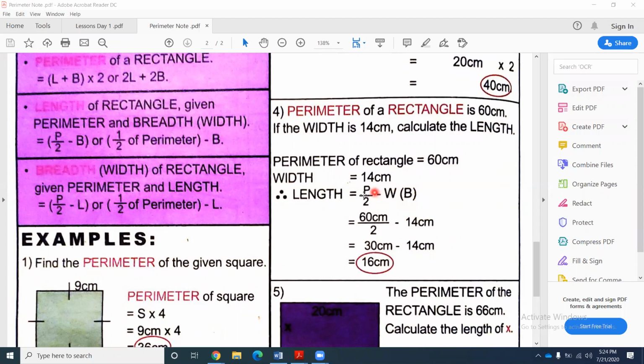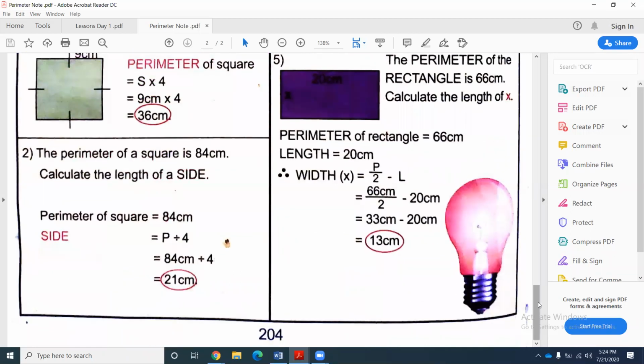Now, you divide the perimeter by 2 because we learned just now that rectangles have 2 sets of lengths and 2 sets of breadths. So you divide the perimeter by 2 and then you take out the width. And it's very much similar down here: dividing the perimeter by 2 and taking out the length will tell you the width.